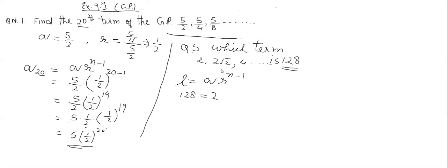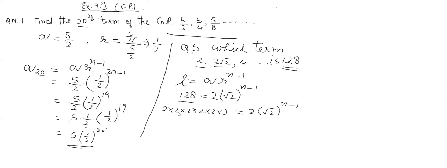R is, when we divide 2 root 2 by 2, we get only root 2, raised to the power n minus 1. 128 may be written as 2 into 2 into 2 into 2 like this, and here 2 root 2 raised to the power n minus 1.